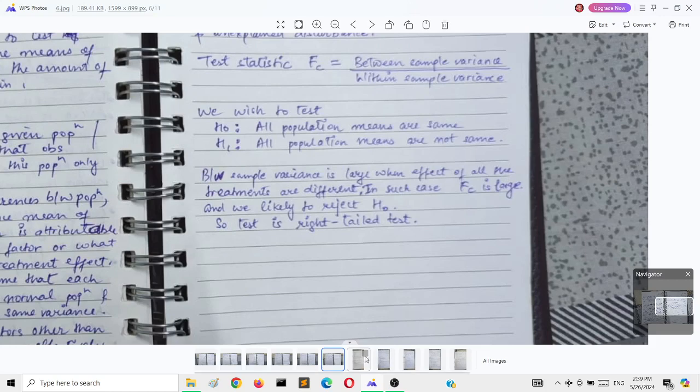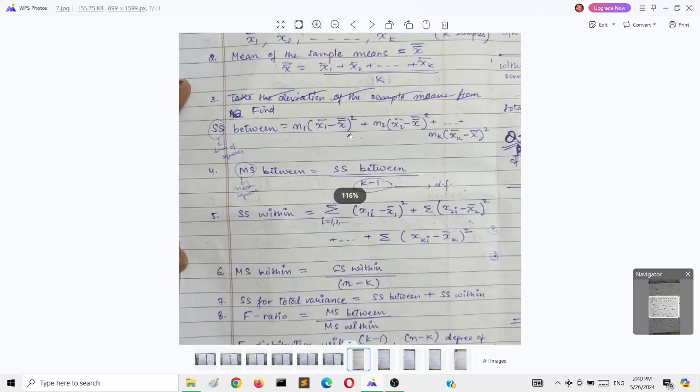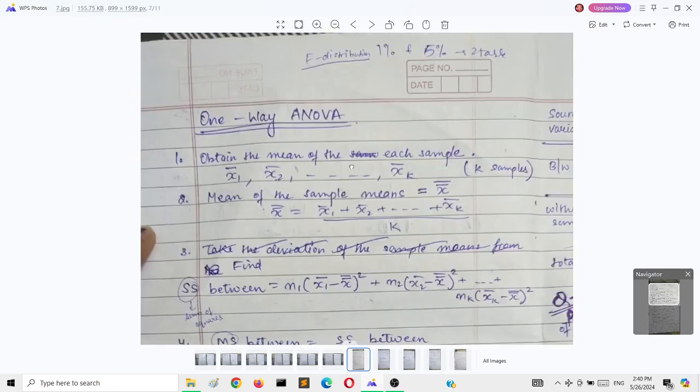So this is the condition when FC has a very large value, and it is considered a right-tailed test, not a left-tailed one. We used to have different tables for the right-tailed and left-tailed tests, so we will consider the right-tailed test table for this case.